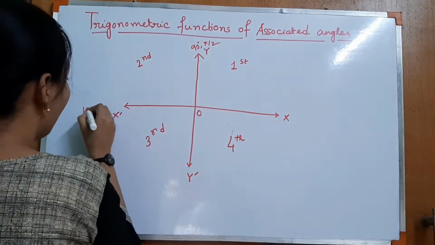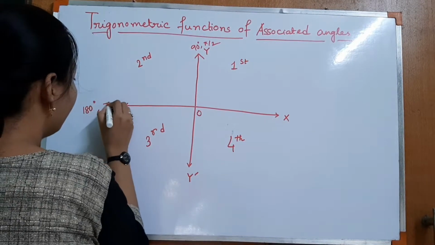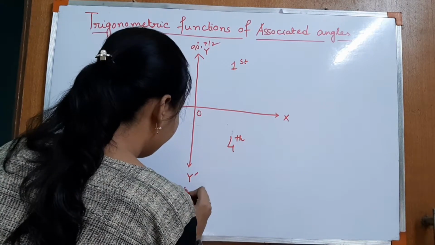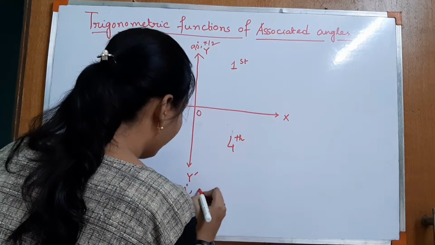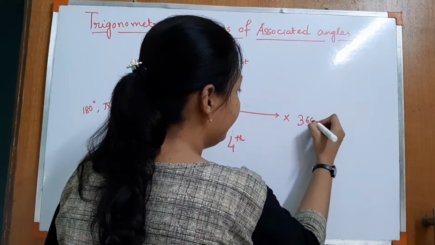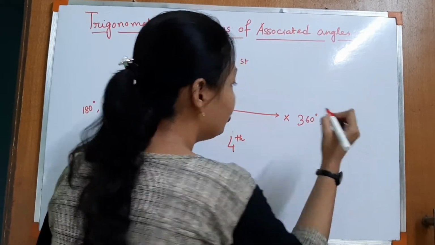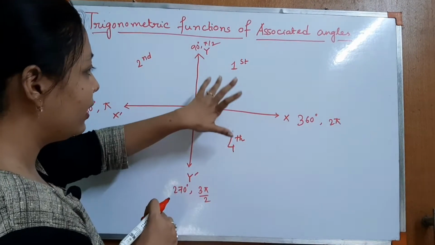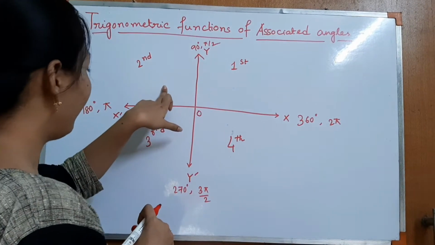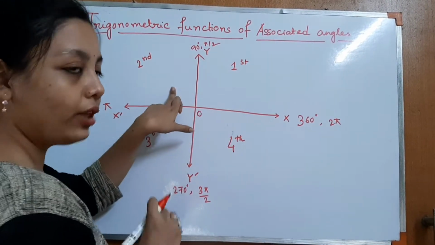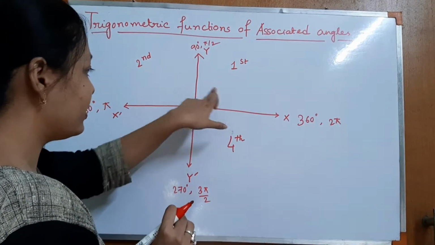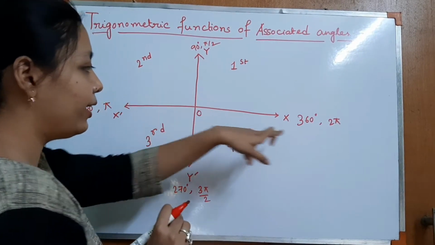This is our 180 degree or pi. This is 270 degree or 3 pi by 2 and this is 360 degree or 2 pi. That is, the first quadrant has 90 degree, first and second both have 180 degree, first, second, third have 270 degree and first, second, third, fourth all together have 360 degree.